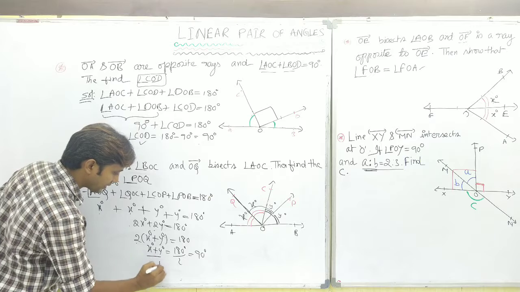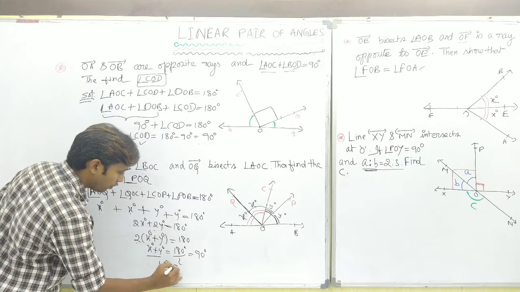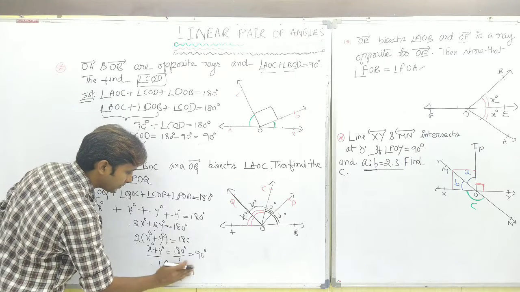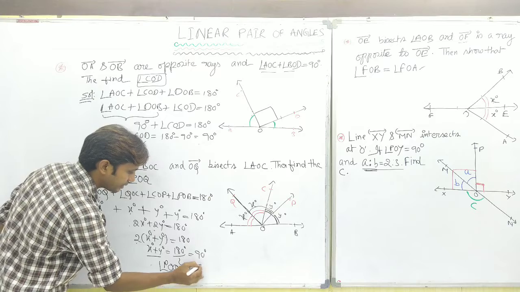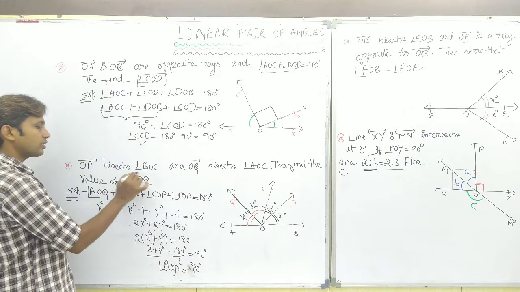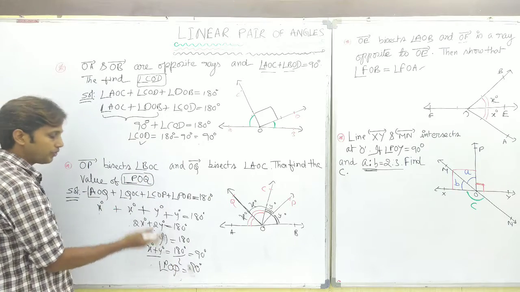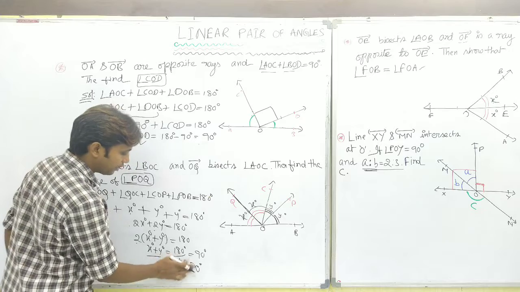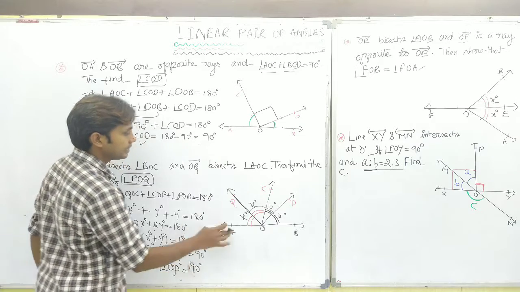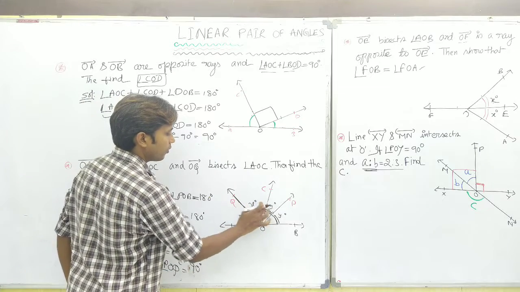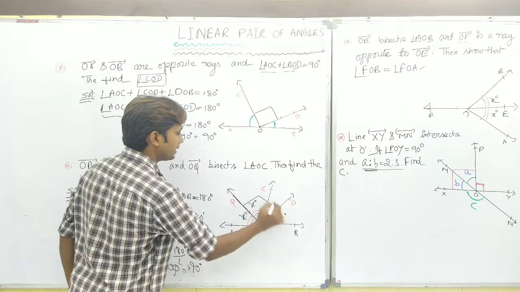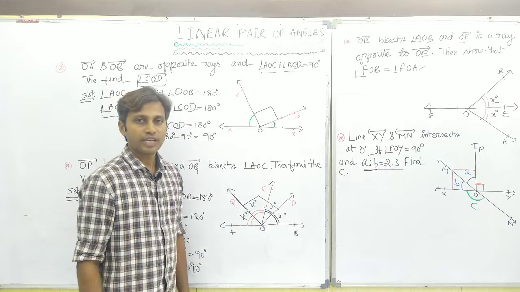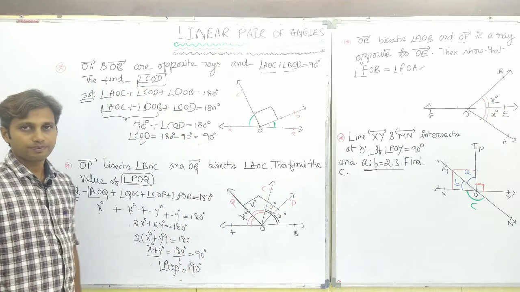So x plus y means angle POQ equals 90 degrees. Tell me guys, we are also asked to find angle POQ or not? So we got the answer. What is the value of angle POQ? 90 degrees. That means the angle made between these two is 90 degrees. Like this we have to do this problem.